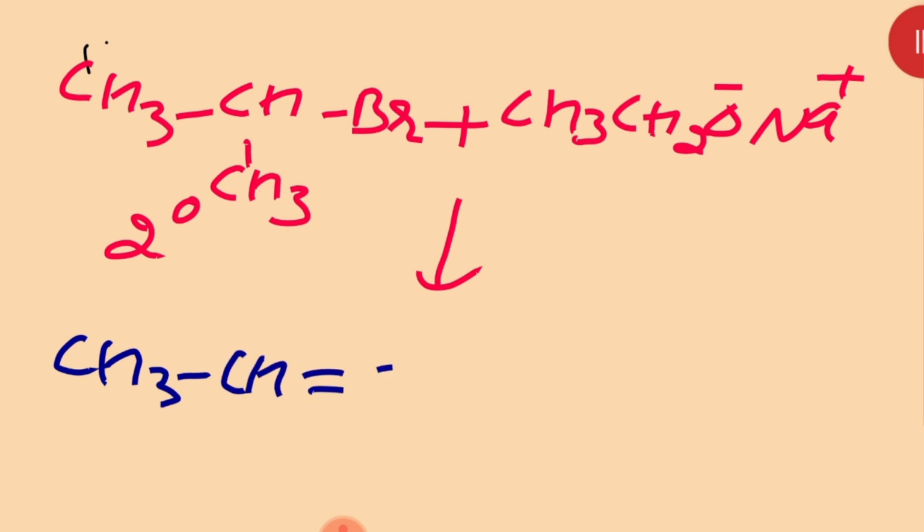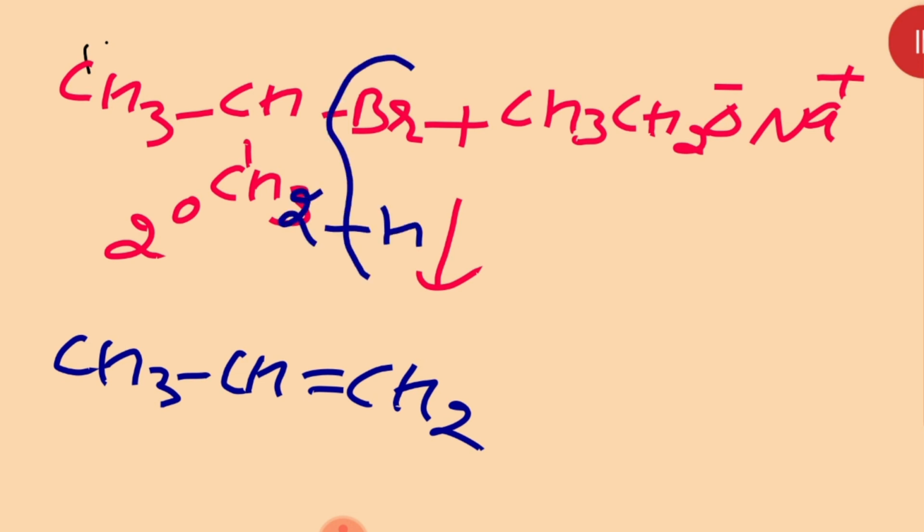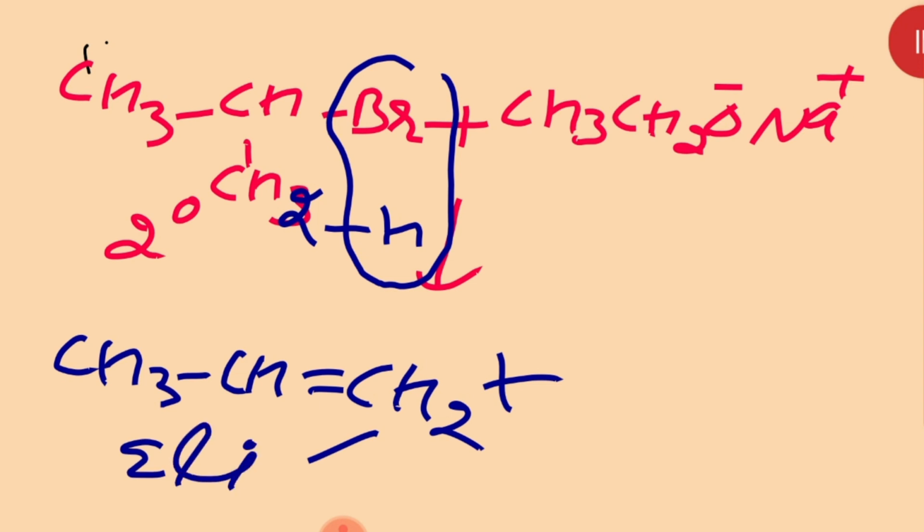CH double bond CH2. By elimination, this H is there, HBr will be removed. What is formed there? Alkene. This is called elimination reaction. Okay, and substitution is also possible, but its product is in less amount. What will be that one?